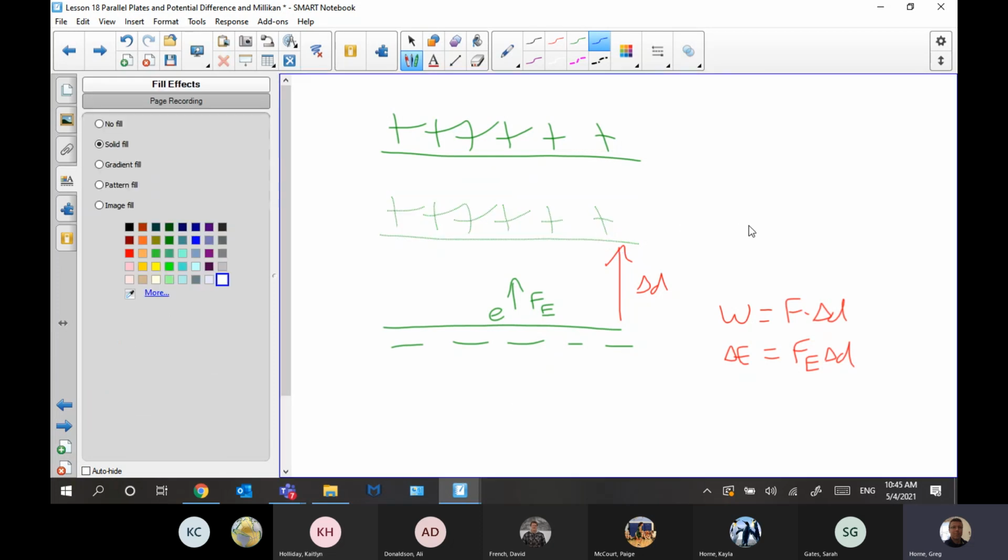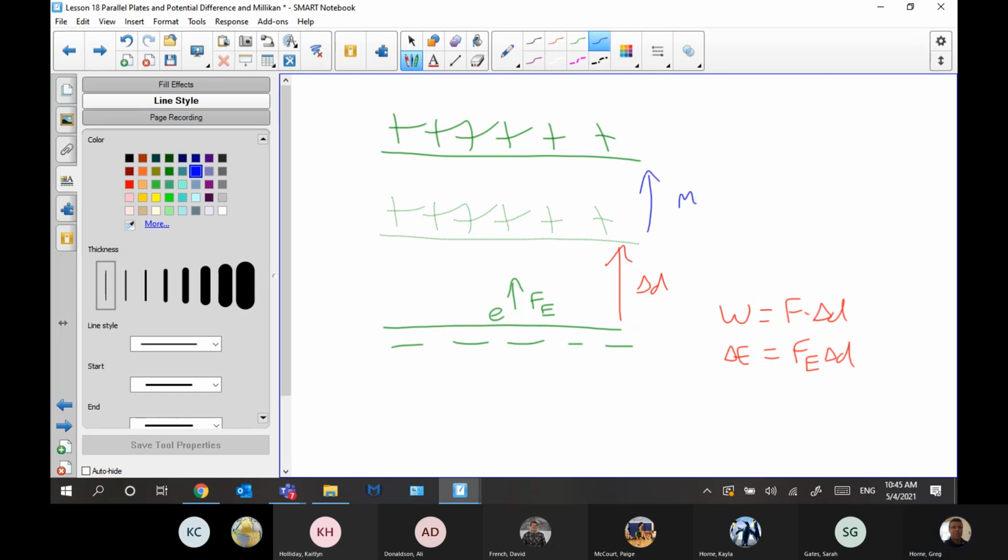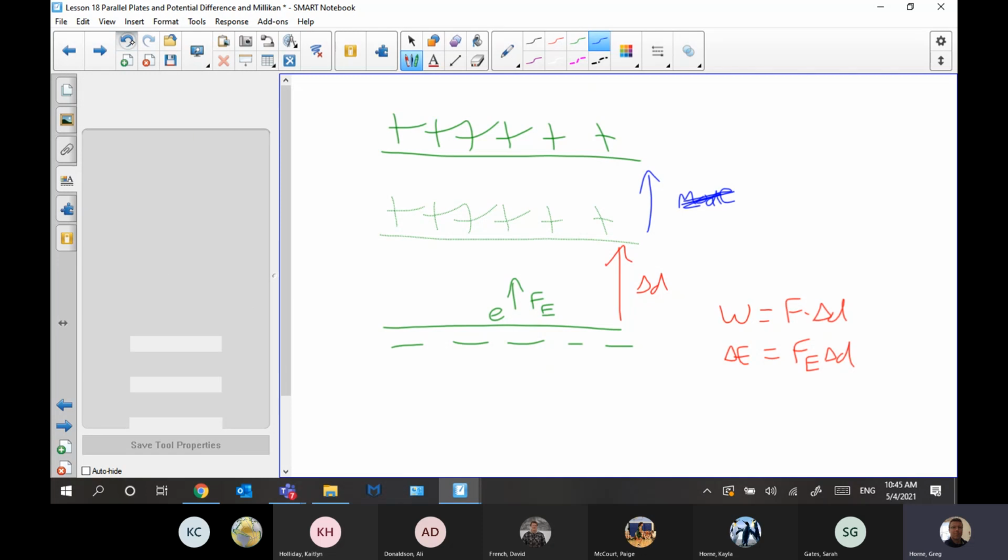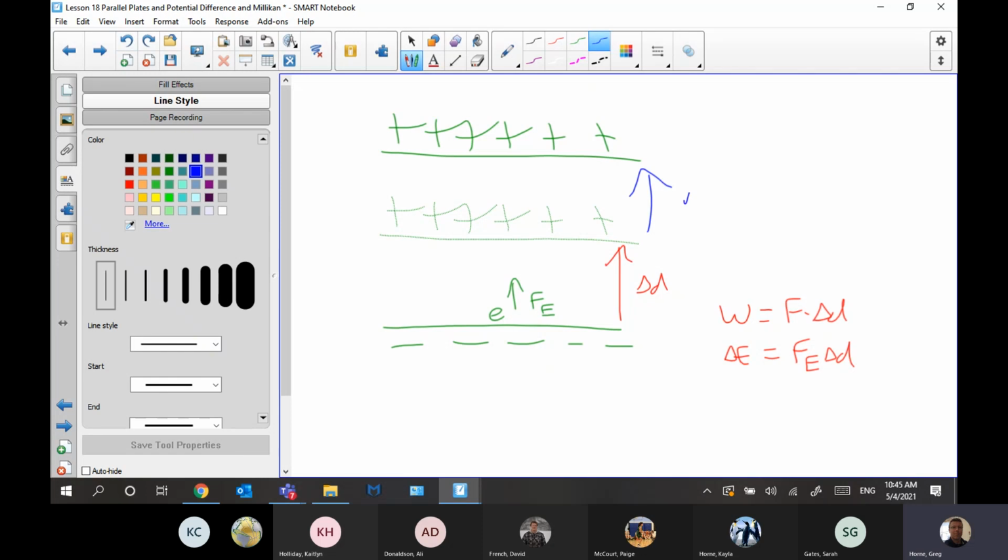If I move that out, we get more displacement, more delta D, which means more energy, right?